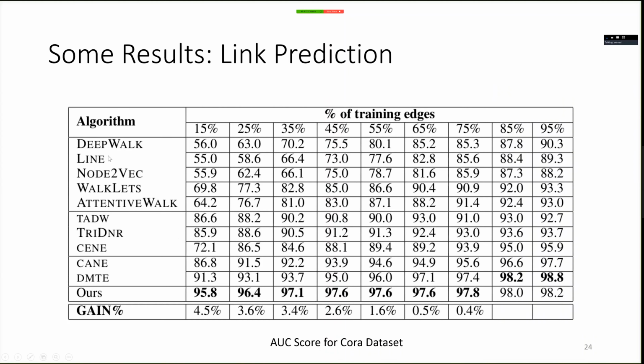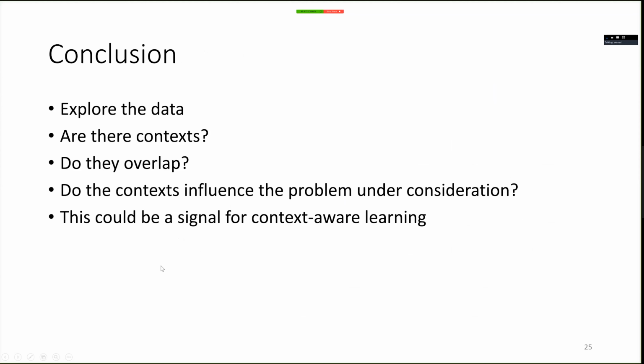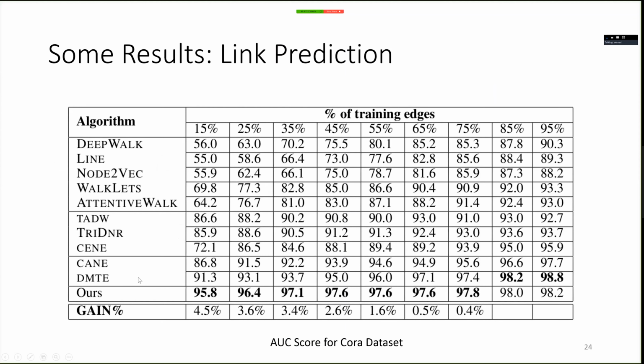The first 8 algorithm is context-free graph representation learning, and those two algorithms, CAN and DMTE, are context-aware models, and this is like their work. As you can see, their work outperforms all the other works with fewer edges covered during learning.